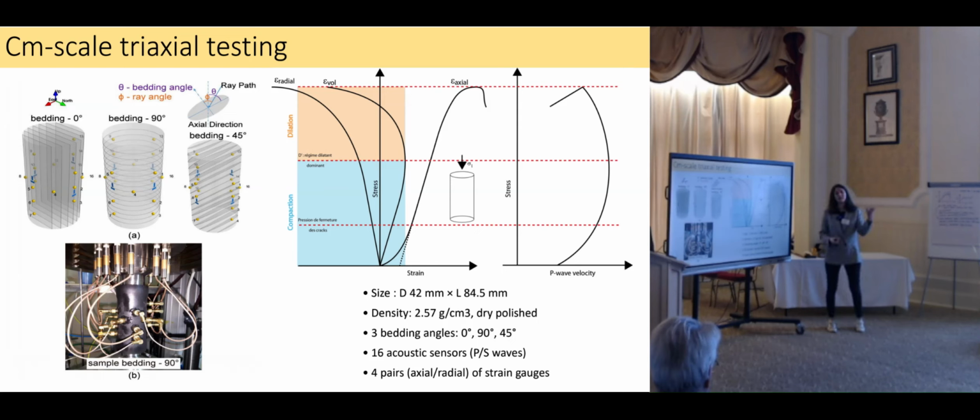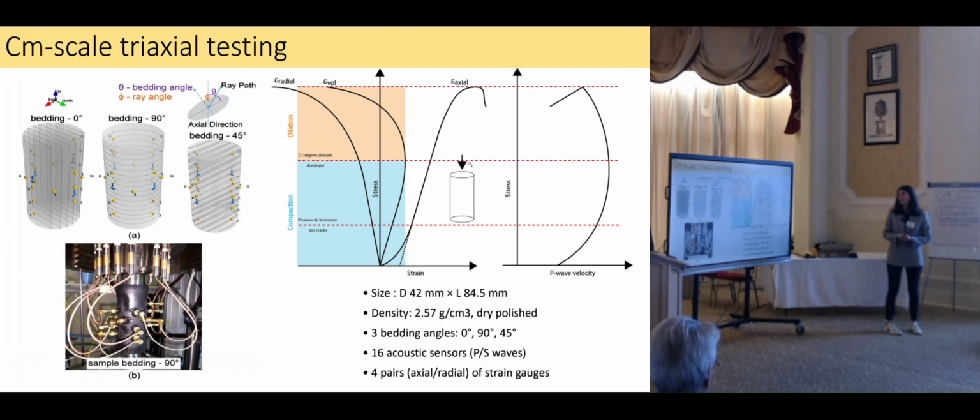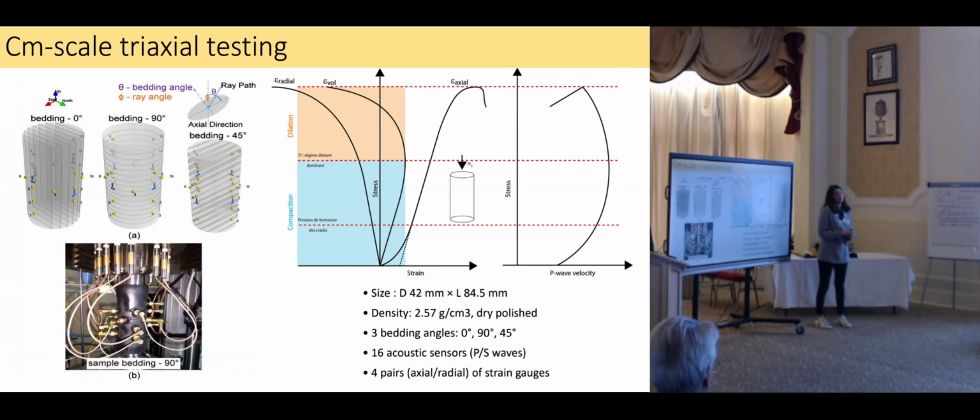And as soon as you start damaging the sample, you're going to have a decrease of your P-wave velocities. And that should give you an insight of what type of mechanisms are going on in your sample. But what you usually just detect is the damage occurrence. And by damage, in that case, I just mean the crack formation.